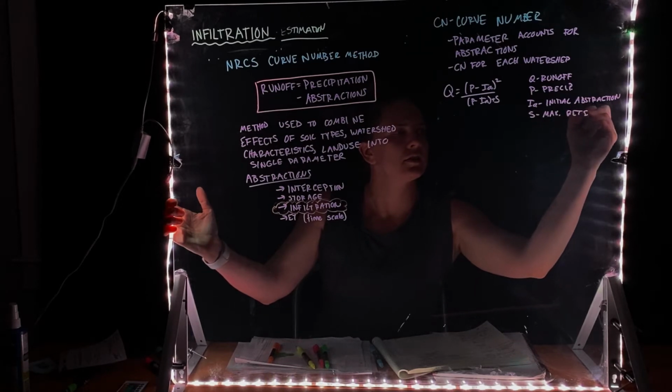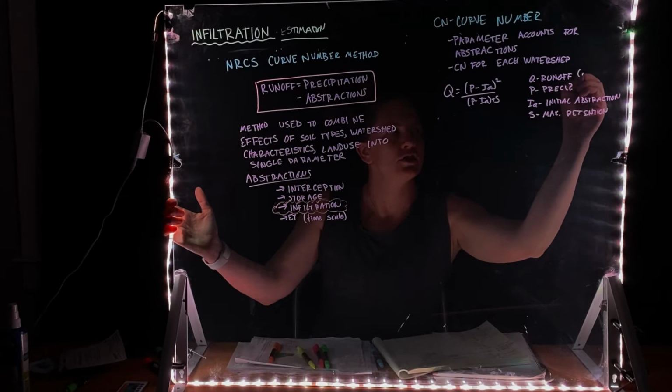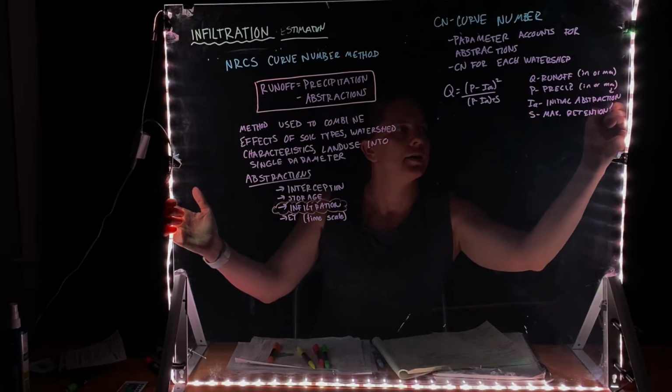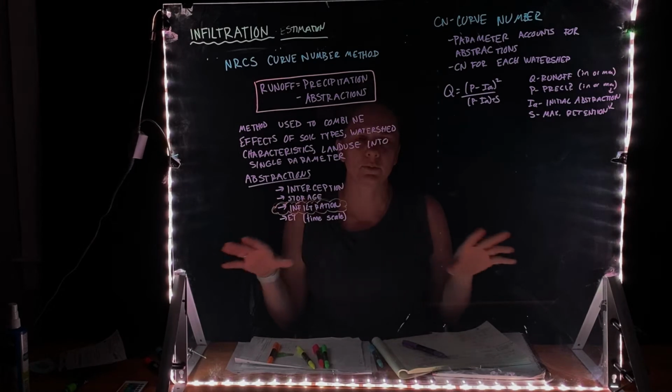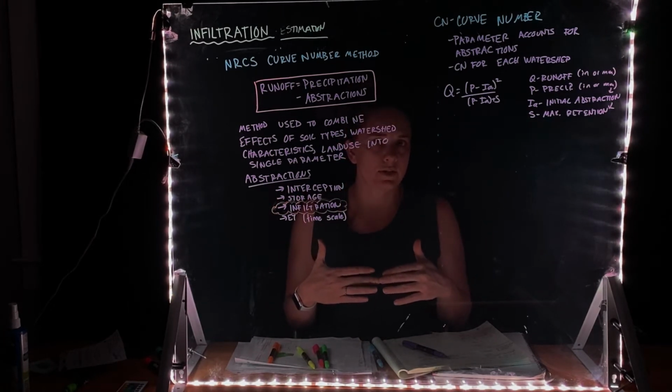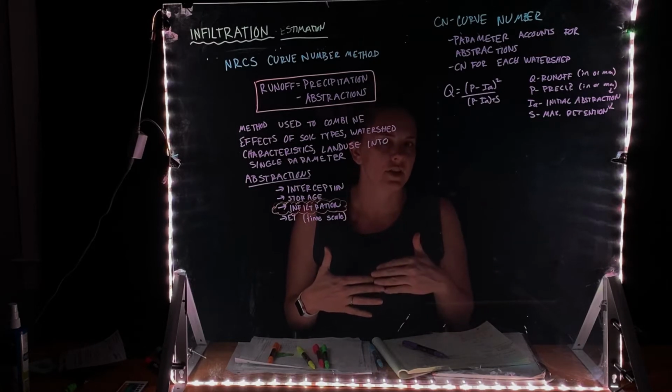All of these parameters are measured in inches or millimeters. And so our flow and our precipitation, all of these are going to be basically the depth over the watershed. So we're going to convert, just like we did when we did conservation of mass, everything into a depth over the watershed.